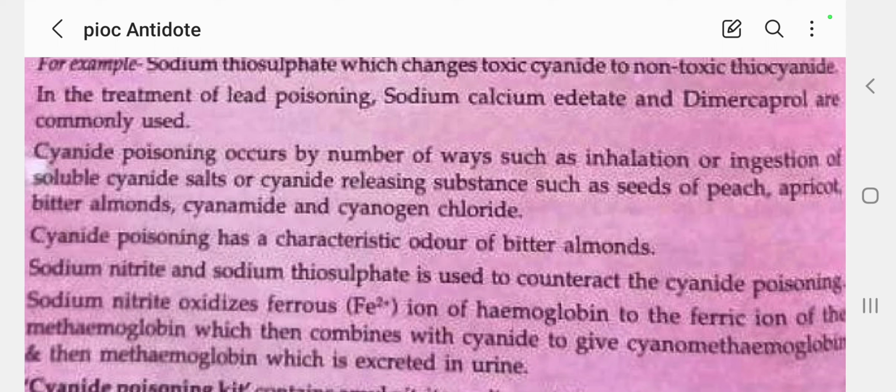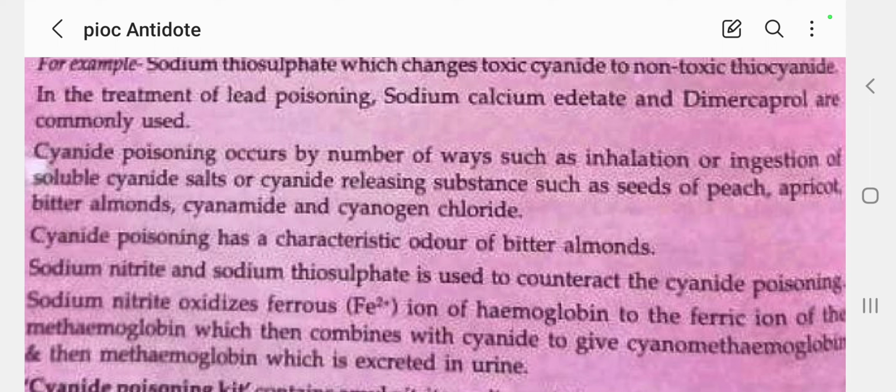If we unintentionally swallow the seeds of peach or apricot, or even the peel of almond, which also has cyanide, that is a way of poisoning.